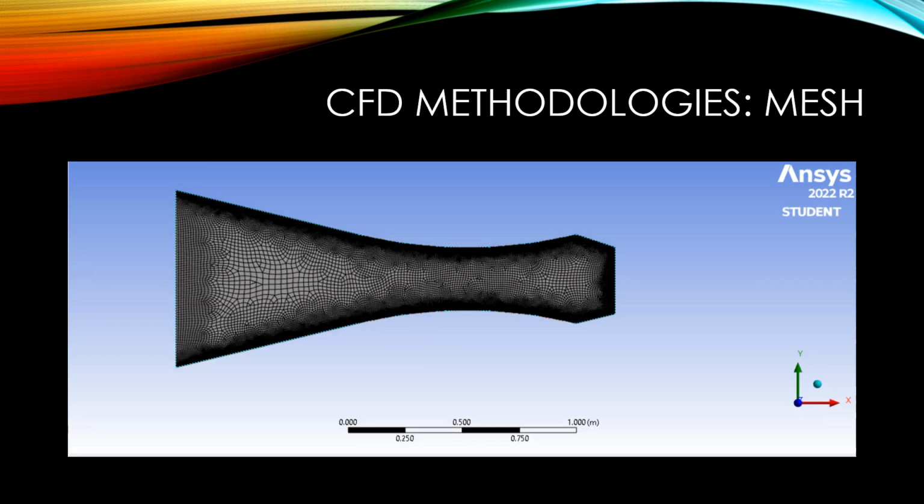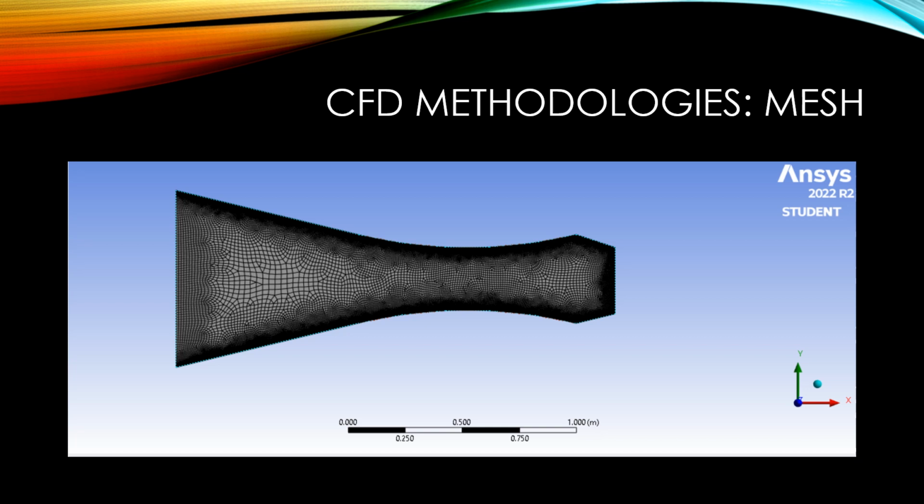As far as the meshing goes, I really wanted the meshing to be as fine as possible, so that I can get nice results that can resemble the physical effects of air flowing into a turbine. So with that said, I set my face meshing to quadrilateral applied.